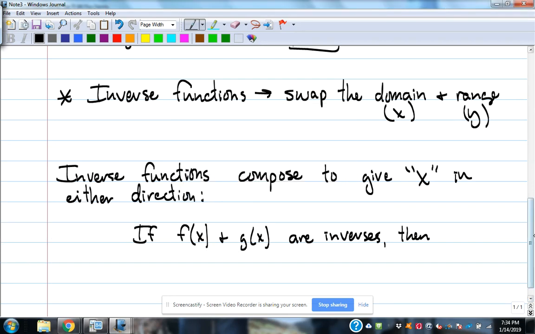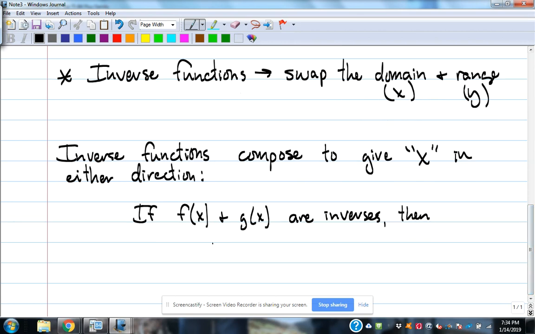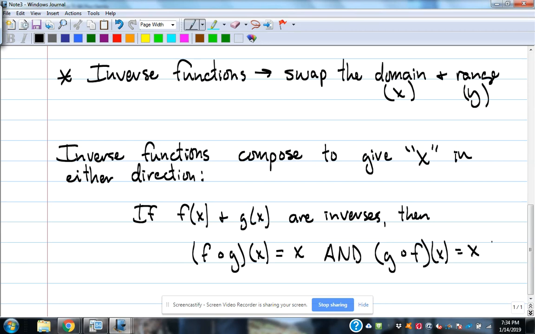When I say compose, that's what I'm talking about. So f composed with g of x simplifies out to be x, and going the other direction, g composed with f of x simplifies out to be plain old x.